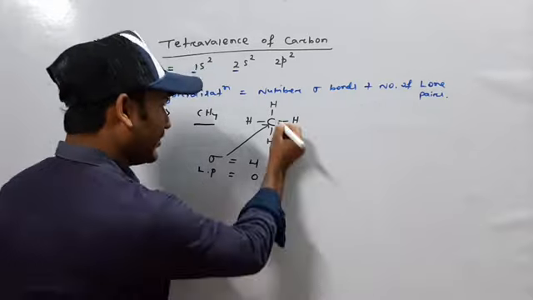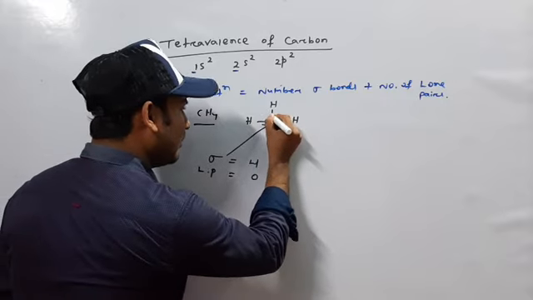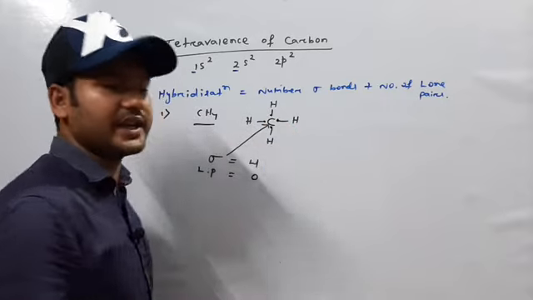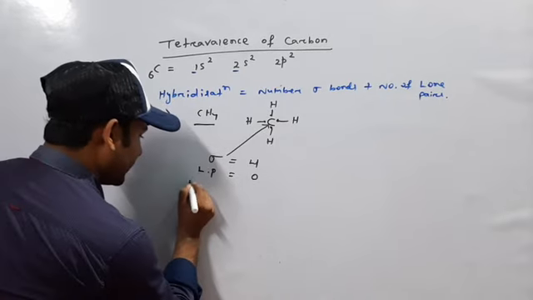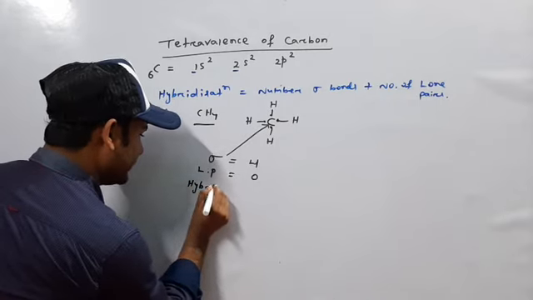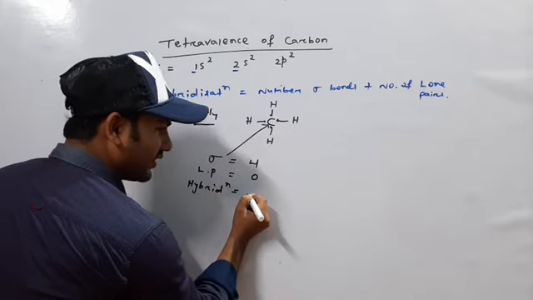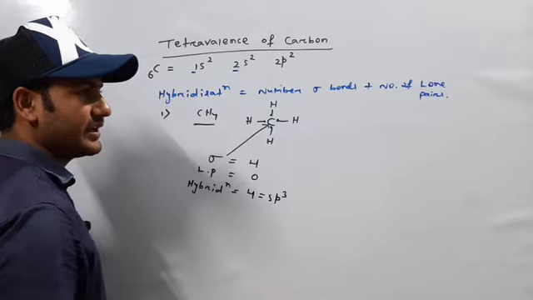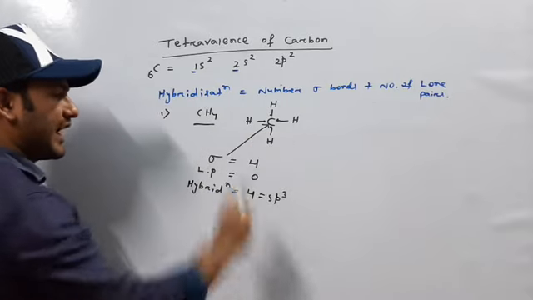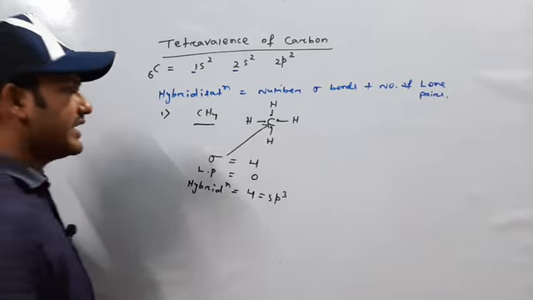All these 4 electrons can form 4 covalent bonds, so it has no lone pair. Hence hybridization, sigma plus lone pair, is sp3. So in this compound the hybridization of carbon is sp3.